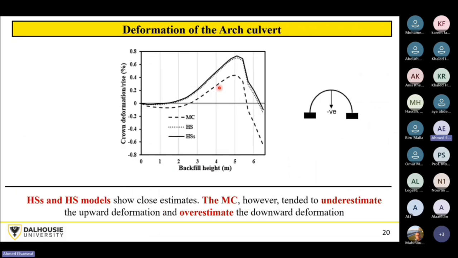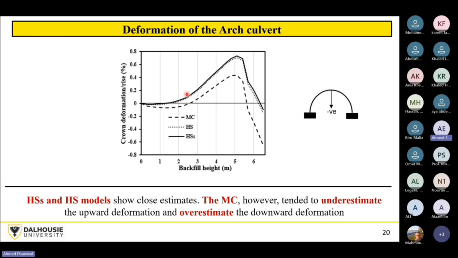Now let's go back to the arch itself. As I have shown you, the crown will peak upwards while you are backfilling the soil on both sides. So that's what we have here.